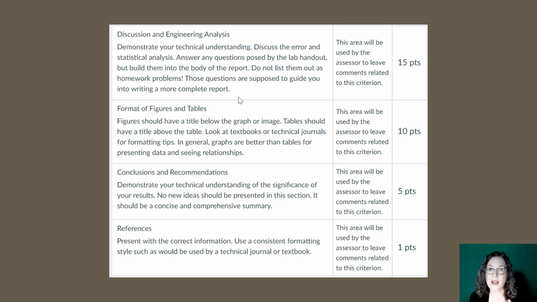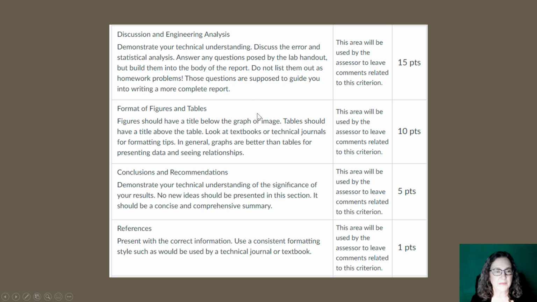Now, when you're in doubt on what format to use, look at a technical journal. That's going to be your style guide. And if you can find me a professional technical journal that uses a style you have, and if I took off points and you find something that uses that style and it was a quality journal, then I'll give you those points back. All right?